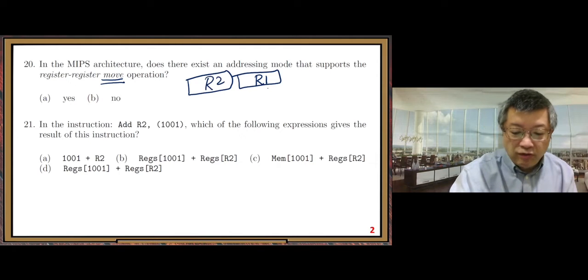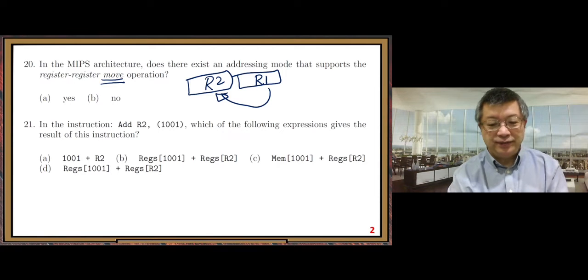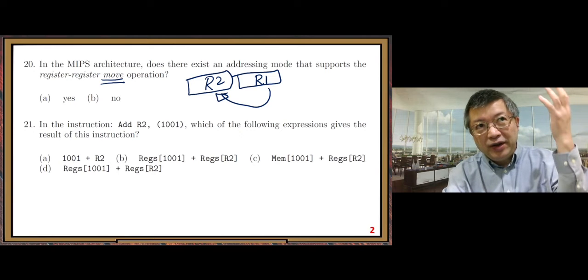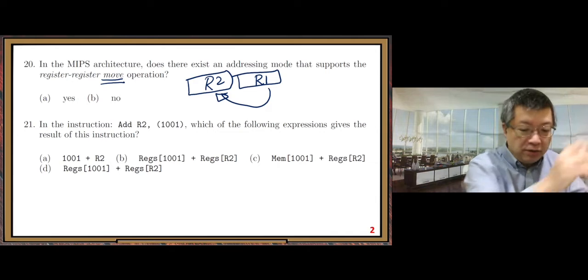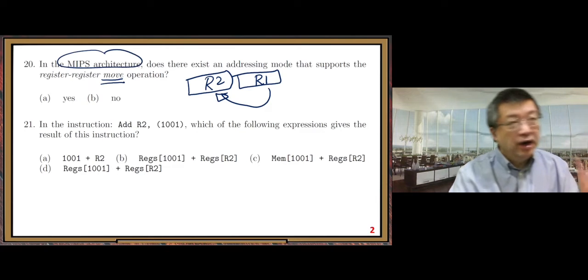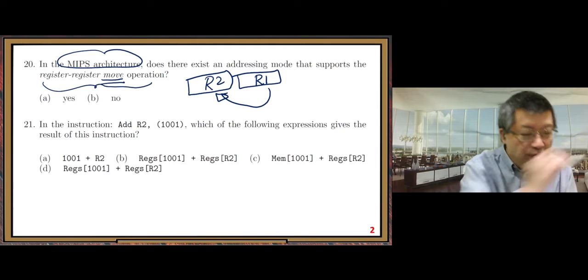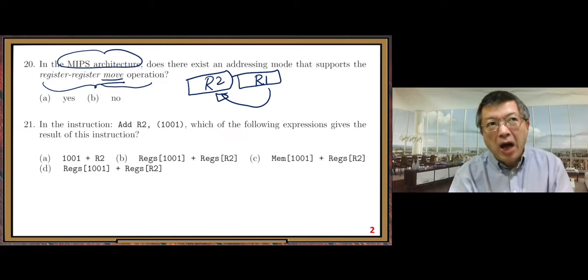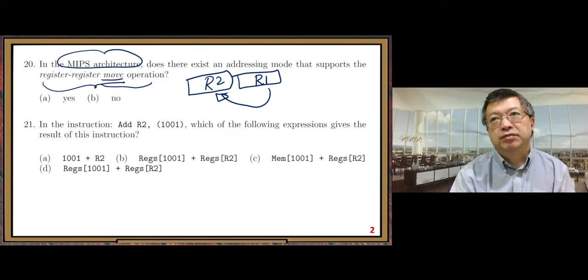Now we want to move value from R1 to R2. Then you can use one of the addressing modes in MIPS architecture to represent this register move operation. If you can do that, the answer is yes. If you cannot, then you may have a different answer. Try your best.